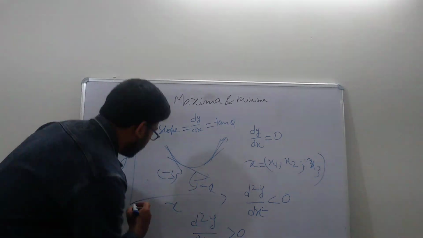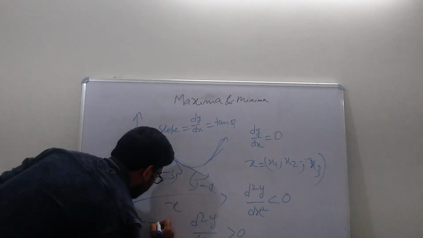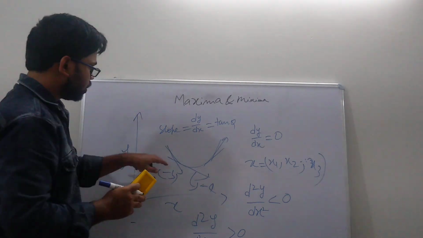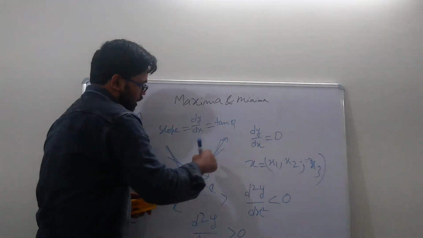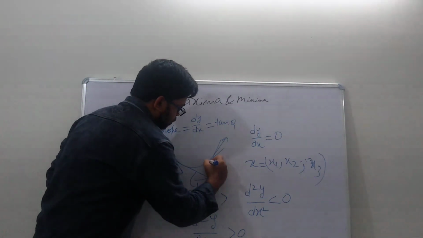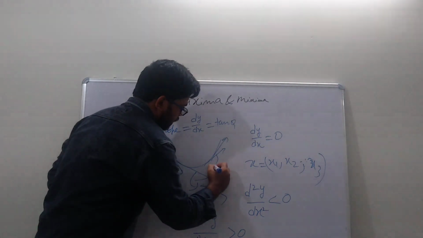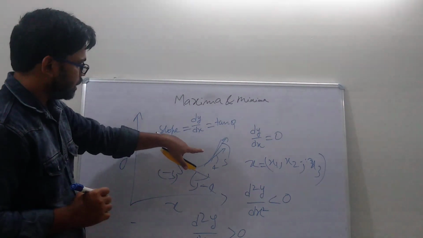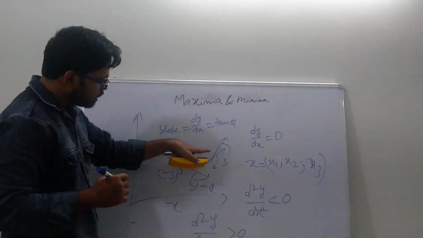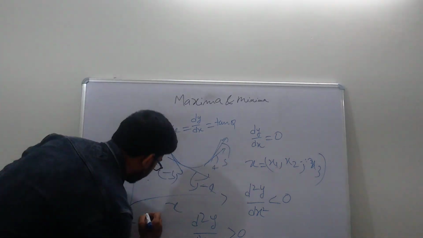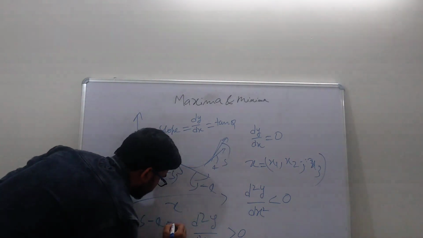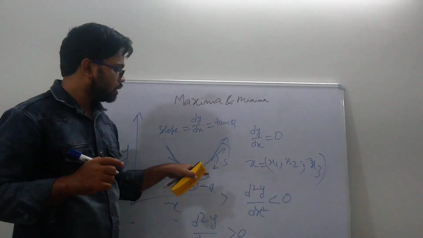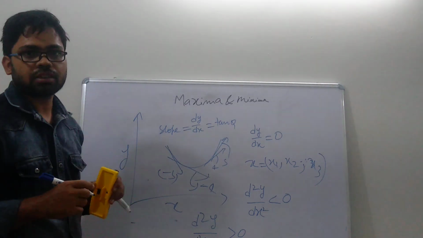If you subtract, minus 4 minus of minus 5, we get 1. Similarly over there, suppose this slope is 4 and this is 5. If you take the double derivative, the slope 5 minus the slope 4, we get 1. Then d2y by dx2 is always greater than 0, and we say it is minima. Got it?